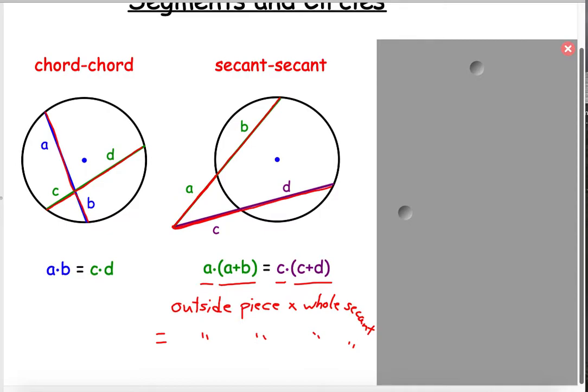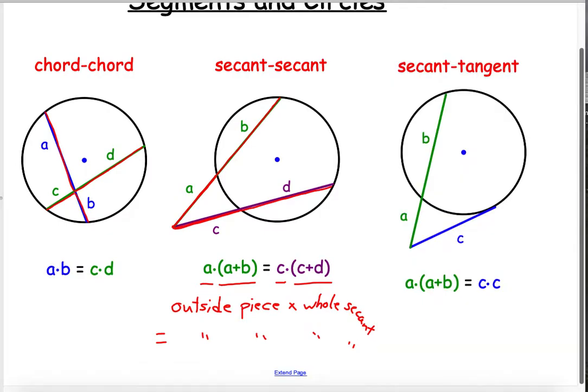And then the third case, the last case, is a secant-tangent. So I've already explained what a secant is. The green segment is a secant. A tangent is a segment that just touches the circle at one point.